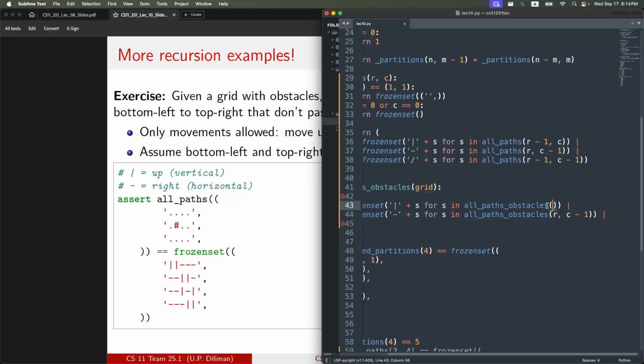This would be the grid except the last row.